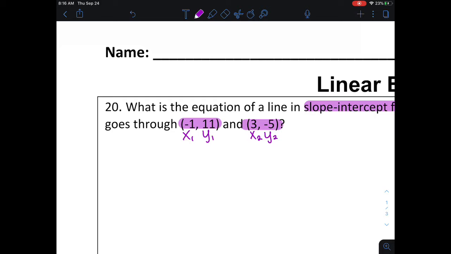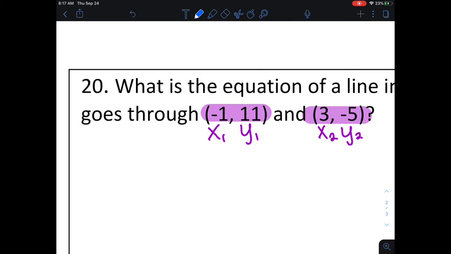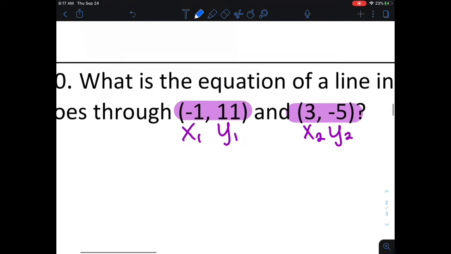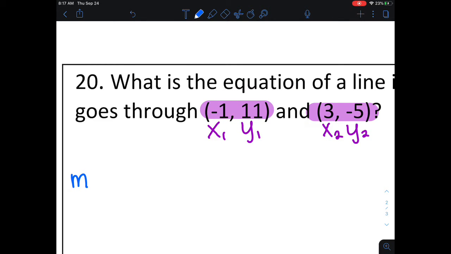So now we need to find the slope first. So as always, we need to figure out how to find the slope. So clearly we can't use negative a over b because there's no a or b anywhere in this problem. We only have y2 and all that other stuff. So guess what? That's what we're going to use. y2 minus y1 over x2 minus x1.